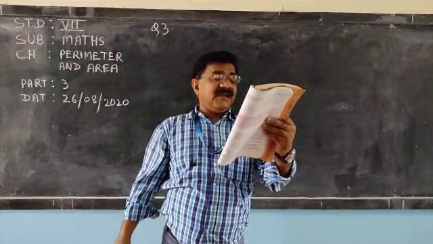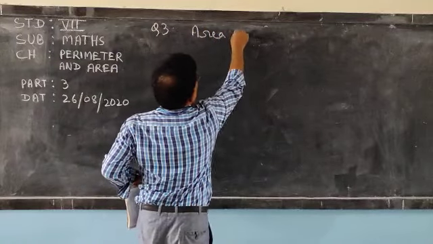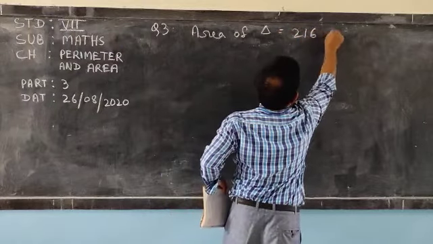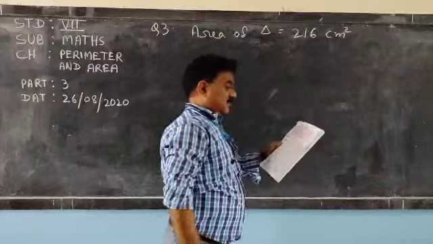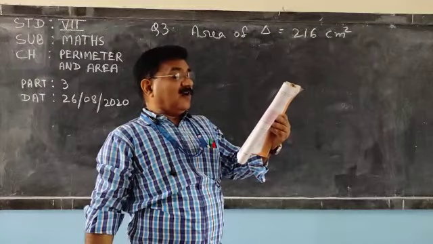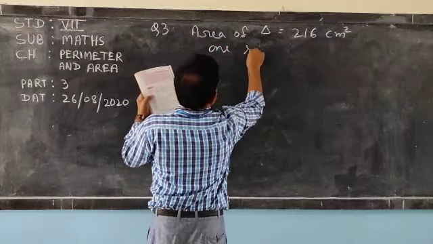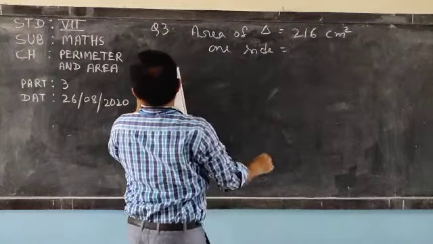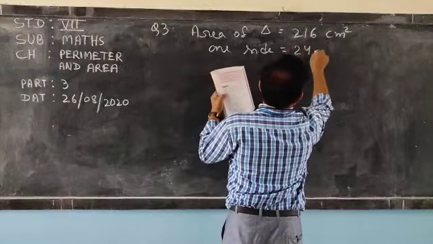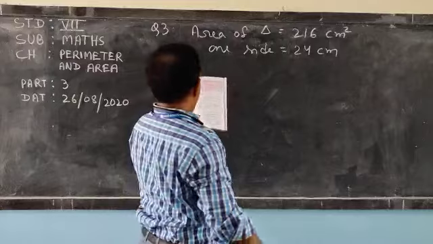The area of a triangle is 216 centimeters square, and one side of the triangle measures 24 centimeter. Find the distance of the corresponding vertex from the side.